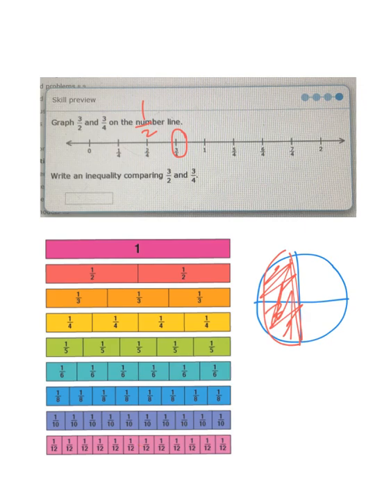Getting familiar with equality or equalness between different looking fractions is a big part of understanding fractions. Just because the numbers are different, 2/4 and 1/2, doesn't change how much of our whole is colored in.